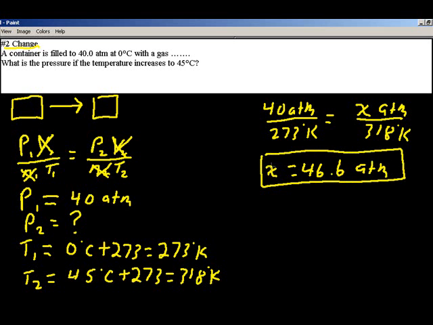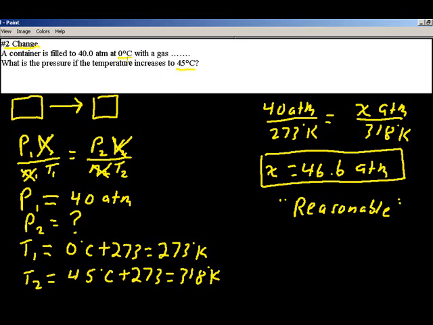Let me point something out to you, and this is a very powerful idea. In chemistry and physics for sure, once you get an answer, it's always a good idea to ask the question, is it reasonable? Now what does that mean? Well, look up here. The temperature started at 0 and it went up to 45.